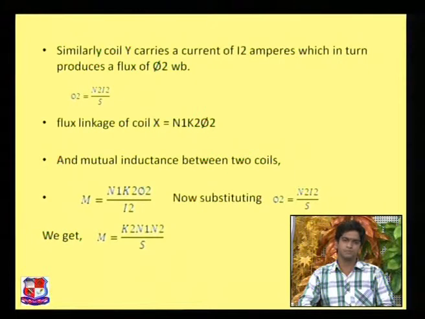After substituting the value of phi 2, which is N2 I2 by S, we finally get M is equal to K2 N1 N2 by S. So this mutual inductance is for coil Y, and we saw the mutual inductance for coil X was M is equal to K1 N2 N1 by S.